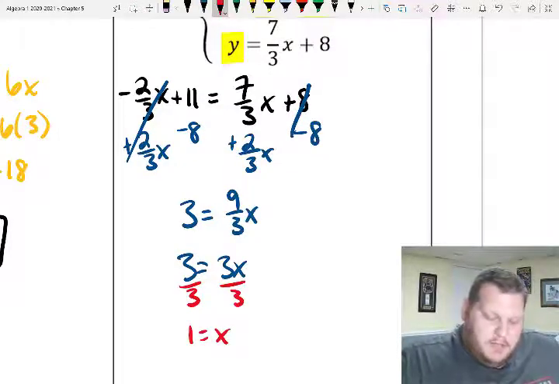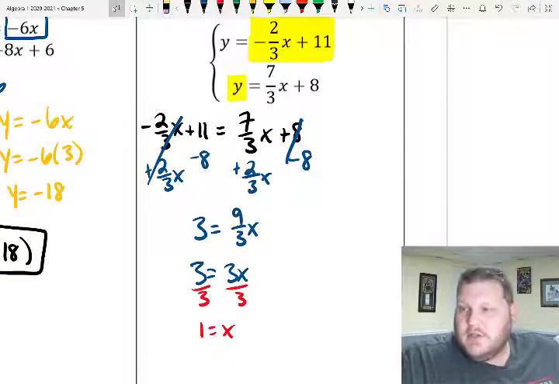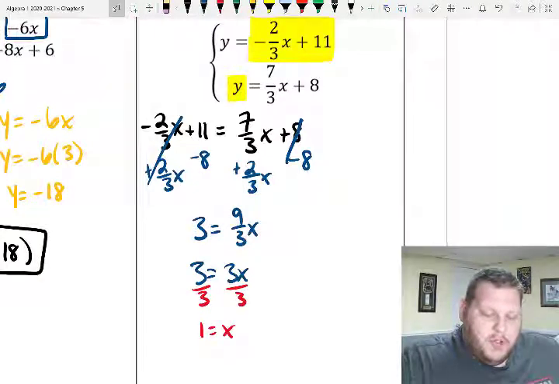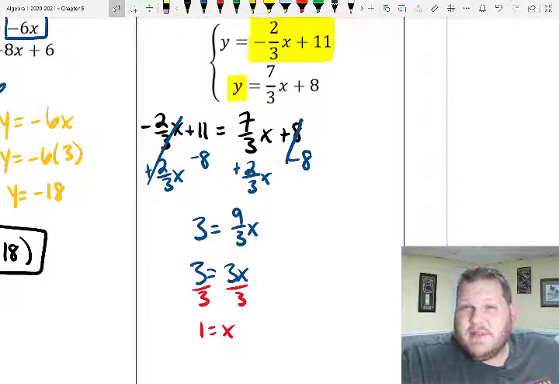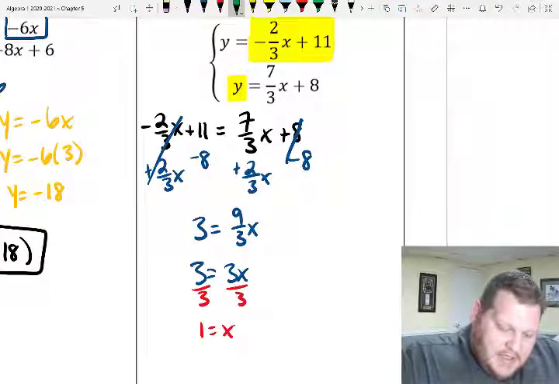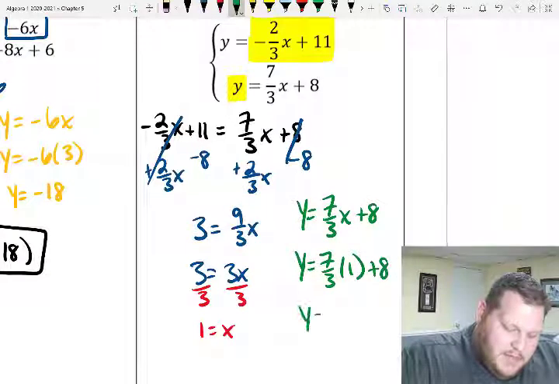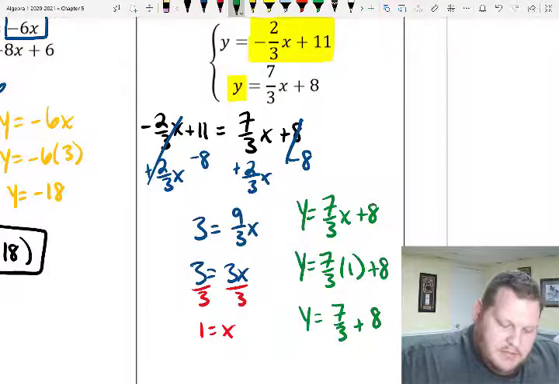So from here, I'm going to take that x value, plug it back into one of my original 2 equations. It is up to you where you want to plug that into. I usually like just dealing with nice positives, so since they're both kind of ugly with fractions, I'm going to choose the bottom one here. If y equals 7/3 x plus 8, that means y equals 7/3 times 1 plus 8, which is 7 over 3 plus 8.